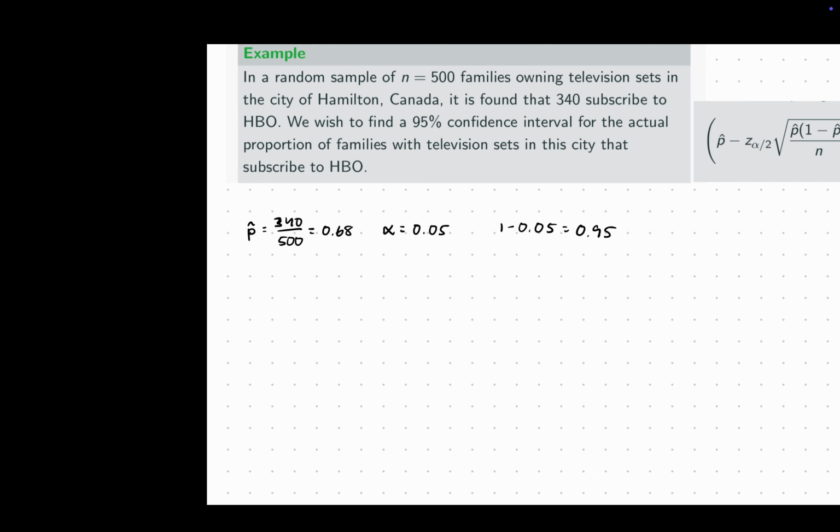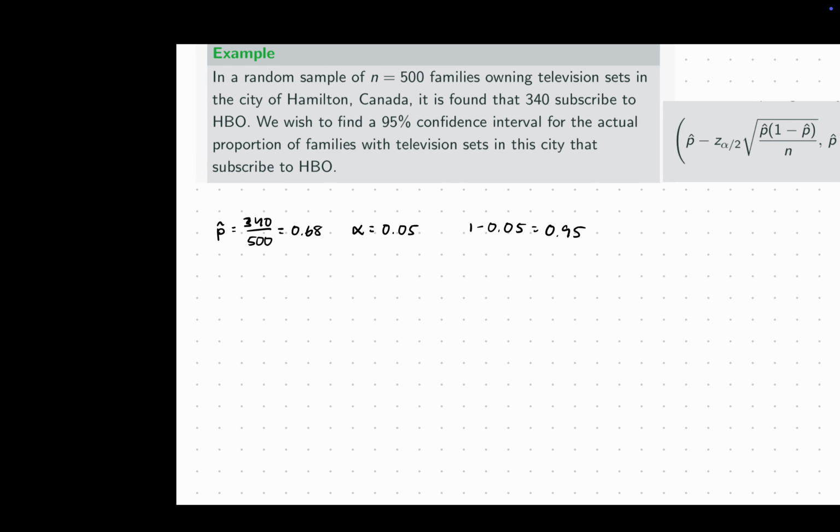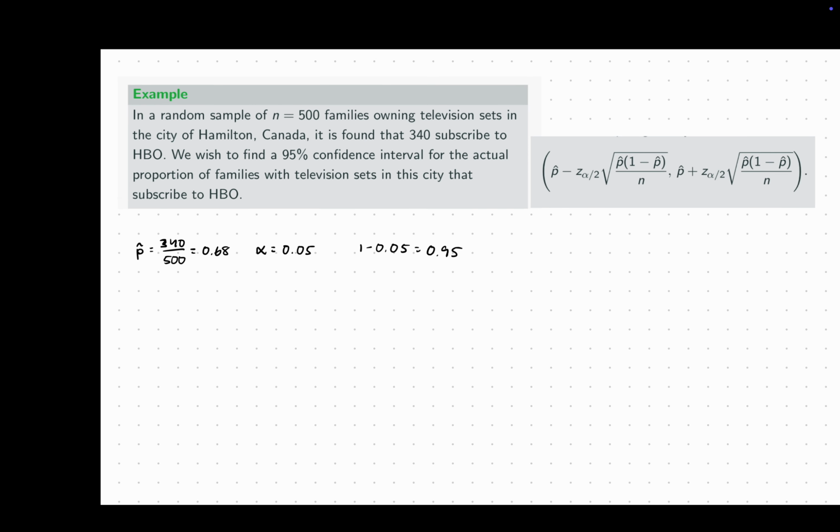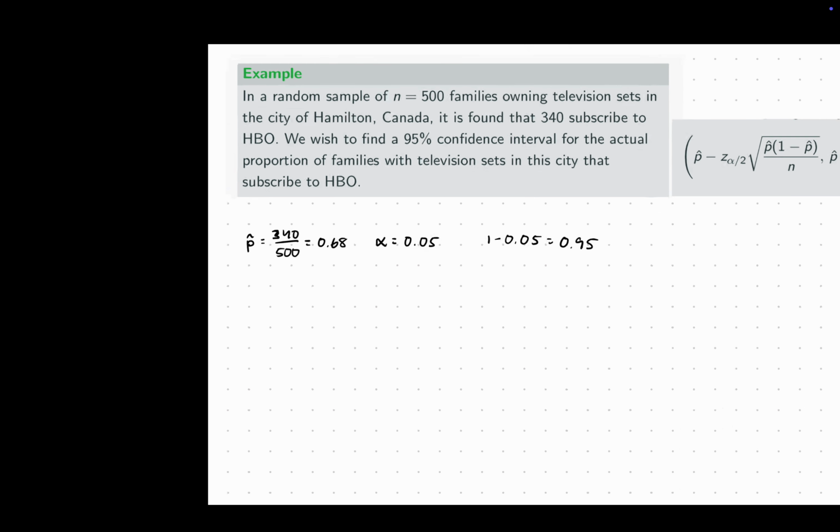Okay, and then now we can use our formula over here. We already have our p, and so now we can find z alpha divided by 2.